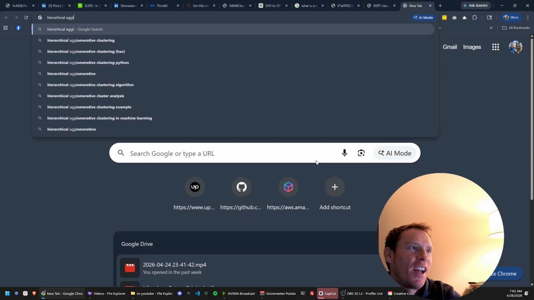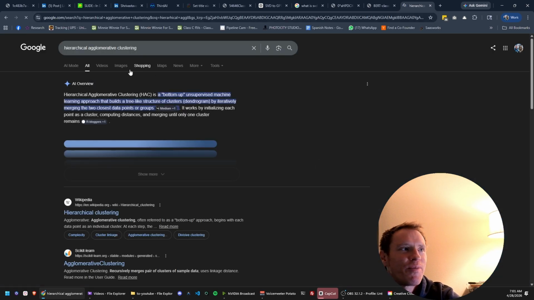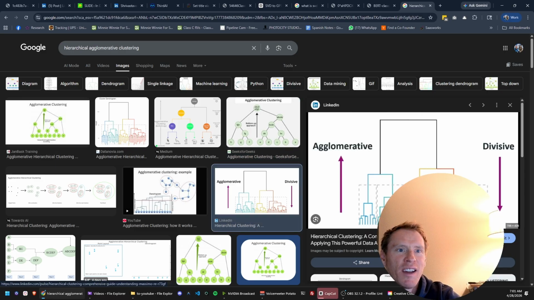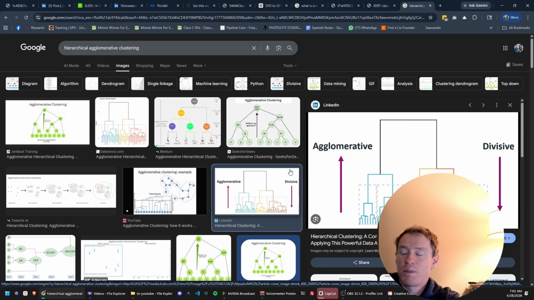Hierarchical agglomerative clustering. All right, so this is what that looks like. It's this idea that you could cluster at any stage that you like. You could cluster at the layer of CRMs, customer support software, and payment software. That's a pretty general idea.